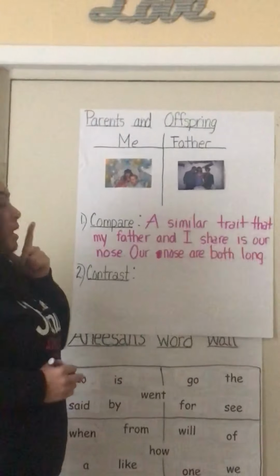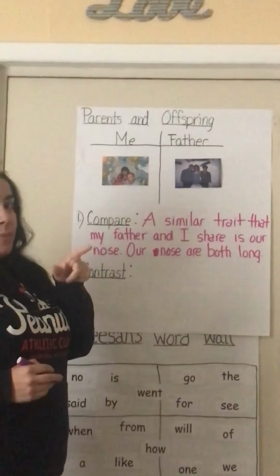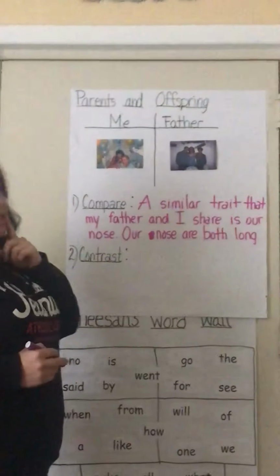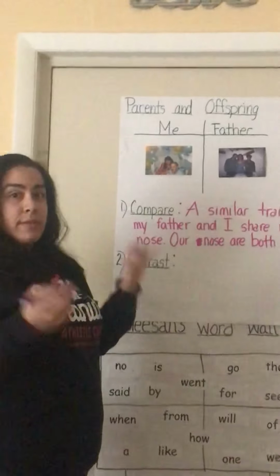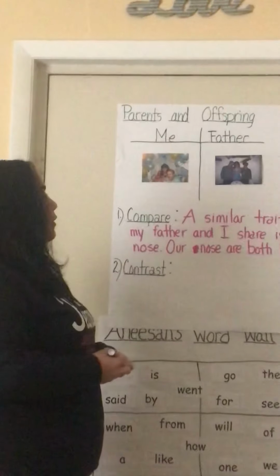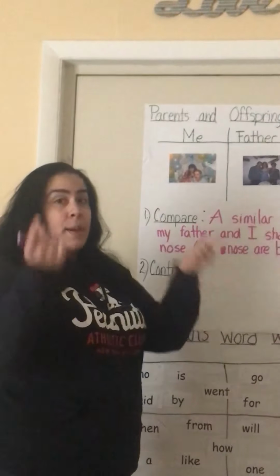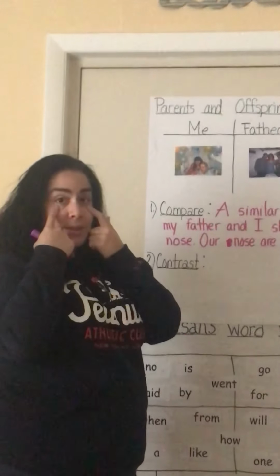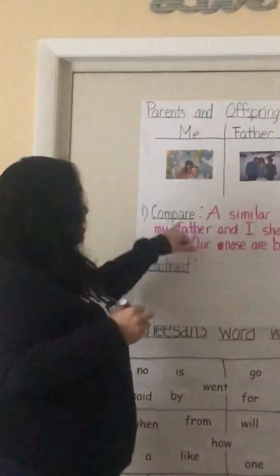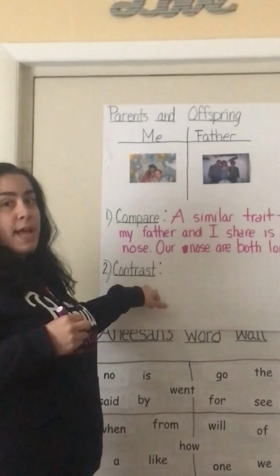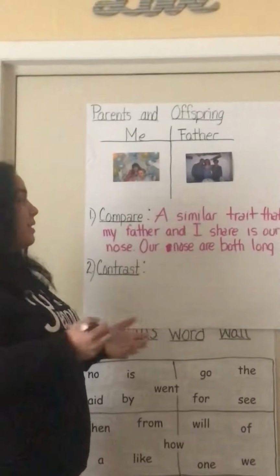Now, I'm going to look at the picture. You're going to look at your parents. I'm going to look at the picture and I'm going to see, what do my father and I have different in contrast to each other? So, one big thing that we have different is that my father has blue eyes and I have brown eyes. So, just like we did here, I'm going to write a sentence but under the contrast, because now I'm discussing the differences.